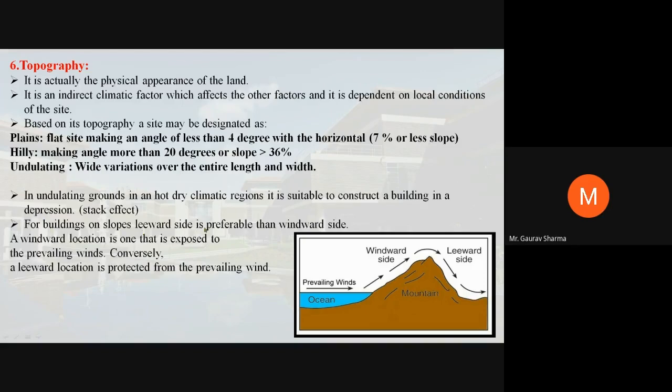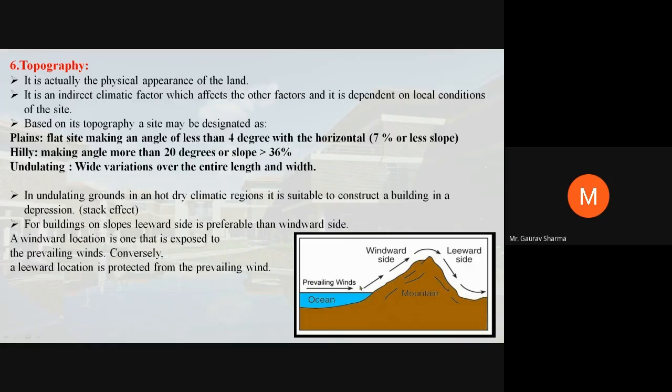For buildings on a slope's leeward side, see there are two conditions, leeward and windward. What is the windward? That means the face of, let's say, the building or mountain, जिसकी हम बात कर रहे हैं. अगर हम बिल्डिंग की बात कर रहे हैं सो द फेस ऑफ द बिल्डिंग, और अगर हम माउंटेन की बात कर रहे हैं तो द फेस ऑफ द माउंटेन, which is facing the prevailing winds.